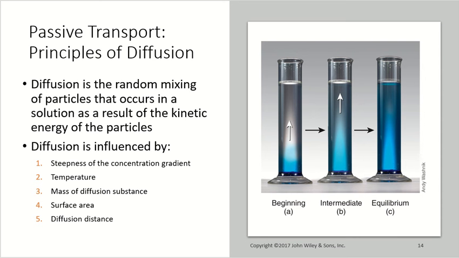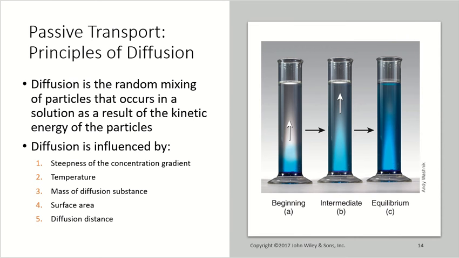So, first we're going to talk about these passive transport processes, and we need to first discuss the principles of diffusion. Diffusion is simply the random mixing of particles that's going to occur in a solution as a result of the kinetic energy of those particles. Diffusion is going to be influenced by five main things.